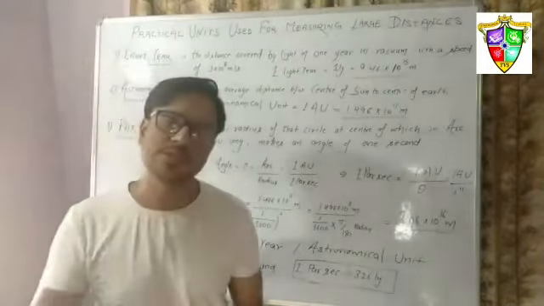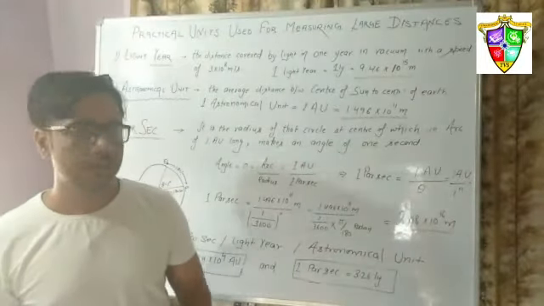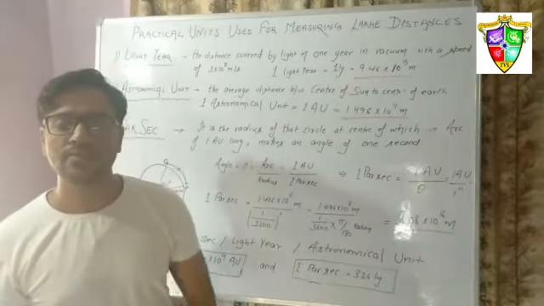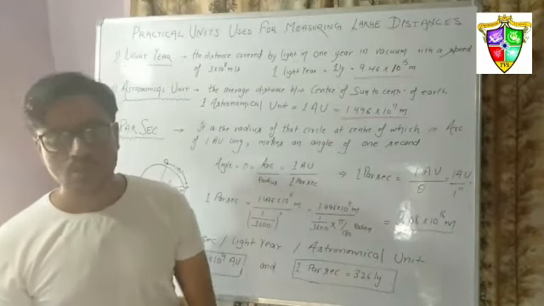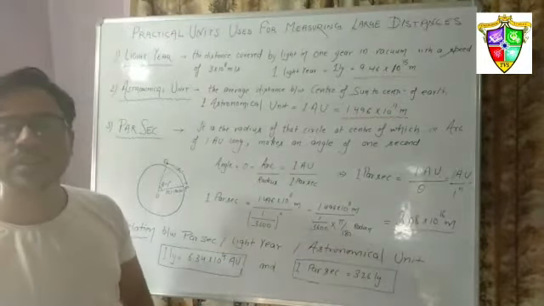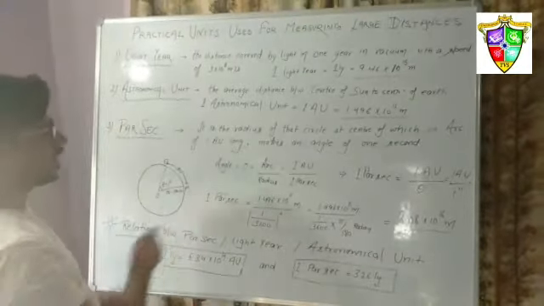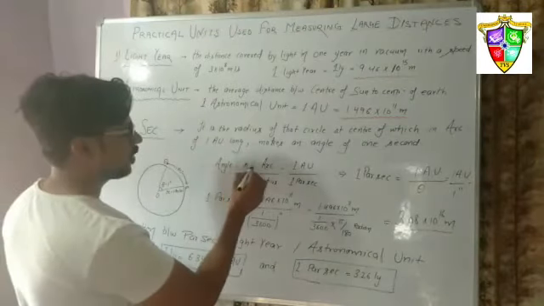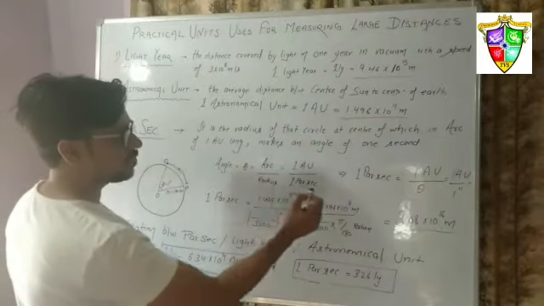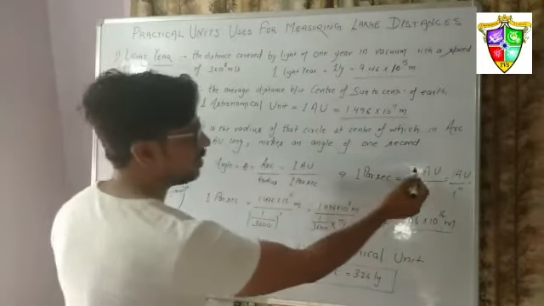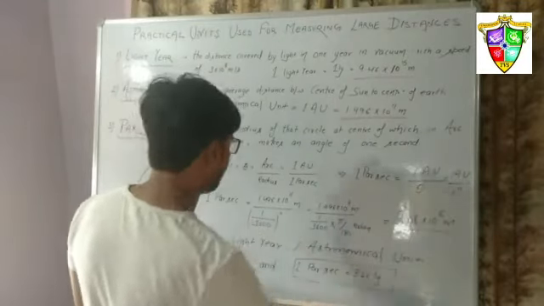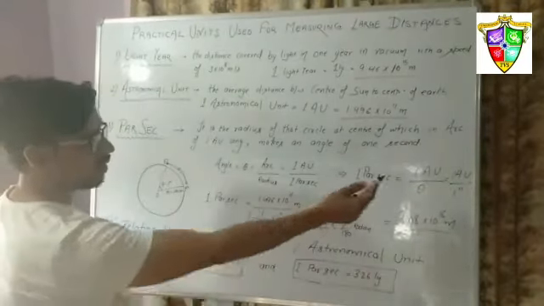Students, we know angle is measured in degree, radian, minutes, second. So in 1 degree there are 60 minutes and in 1 minute there are 60 seconds. So 1 second means 1 upon 3600 degree. So if we use that relation, that angle is equal to arc upon radius, arc is 1 astronomical unit, radius is 1 parsec. So 1 parsec will be 1 astronomical unit upon angle. 1 astronomical unit upon angle is 1 second. 1 parsec is equal to 1 astronomical unit.